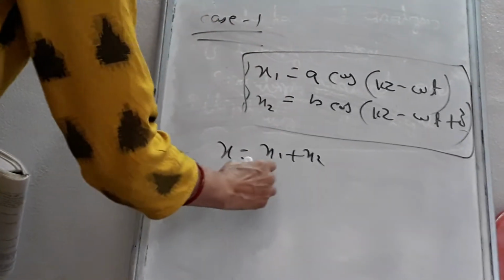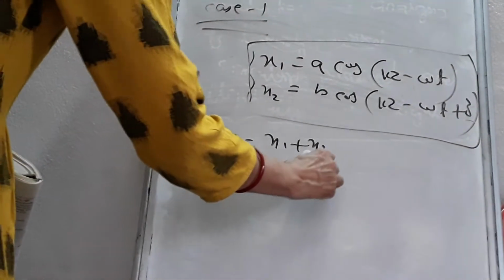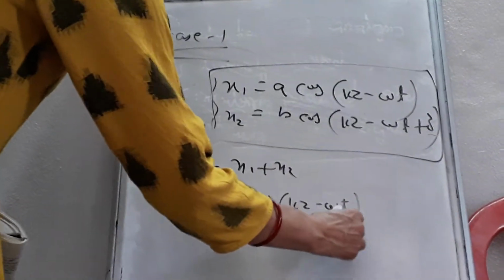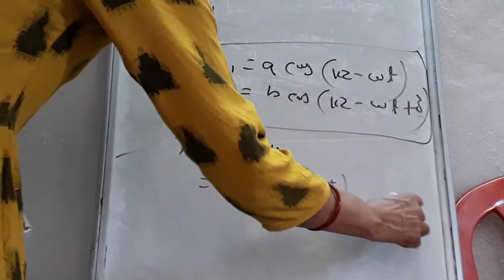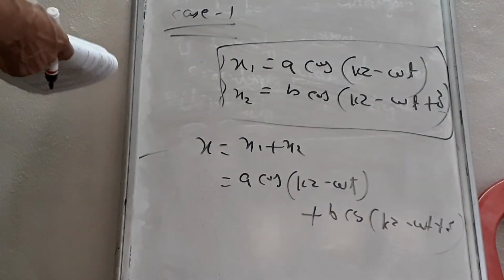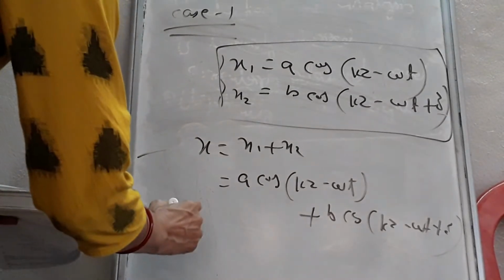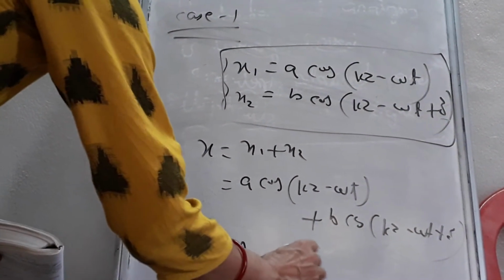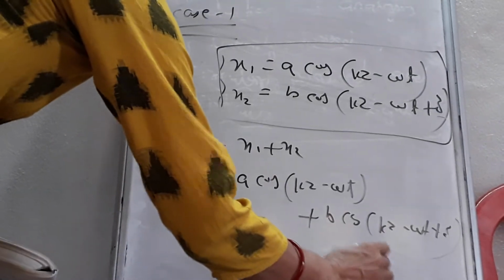So we add these two, a cos(kz − ωt) + b cos(kz − ωt + δ). If you simplify, the resultant equation must be of the form A cos(kz − ωt + δ′).